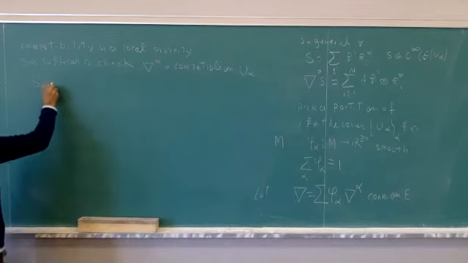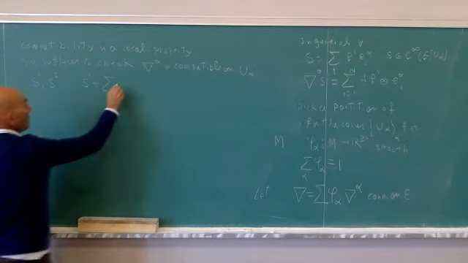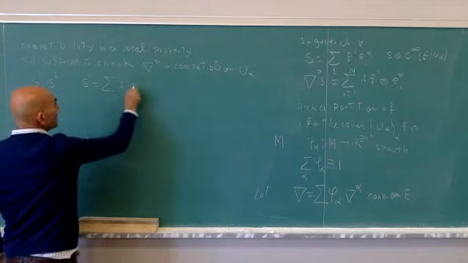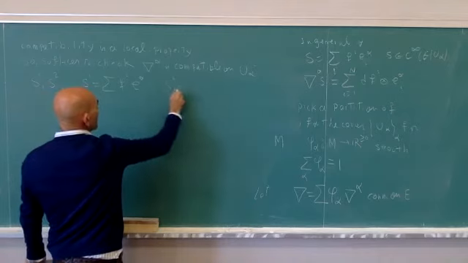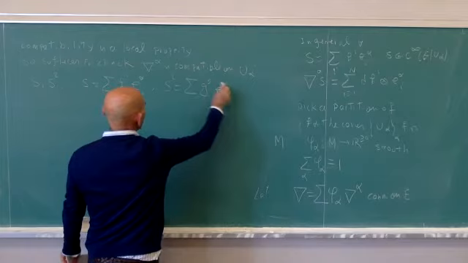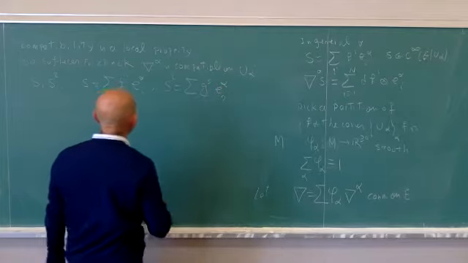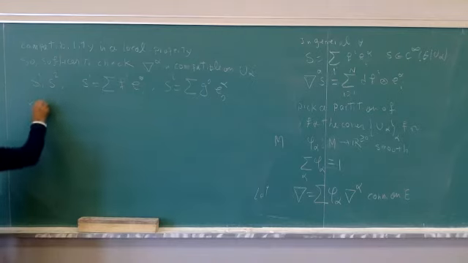So pick sections S1, S2. S1, I can write as the sum of f_i e^α_i, and S2, I can write as the sum of g_j e^α_j. Now, first of all, what is the inner product of S1 and S2?